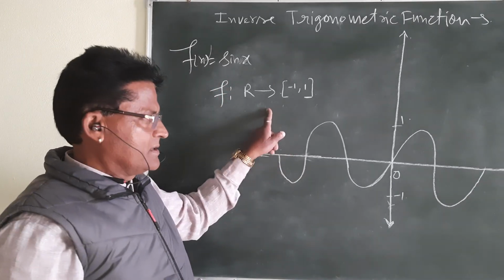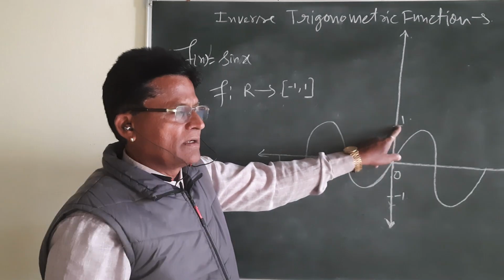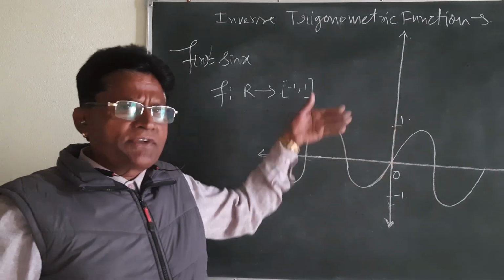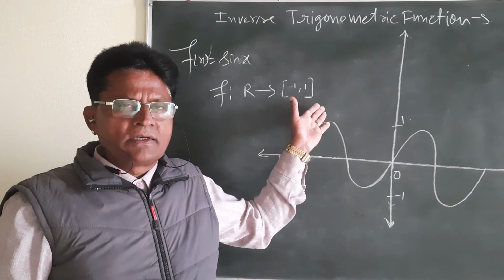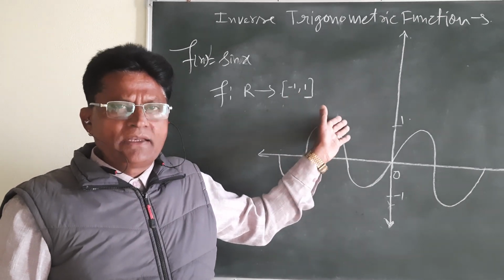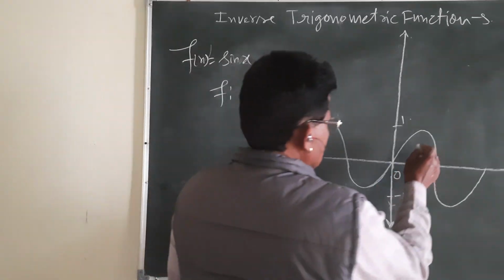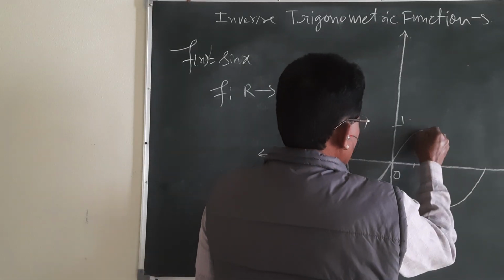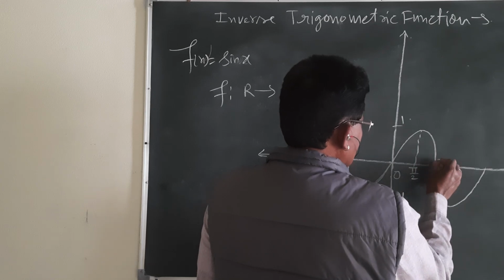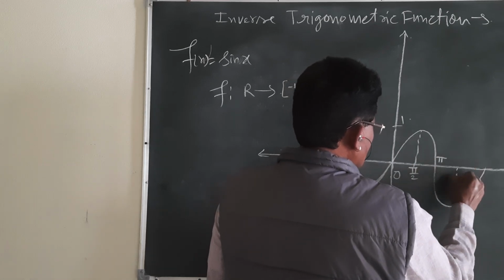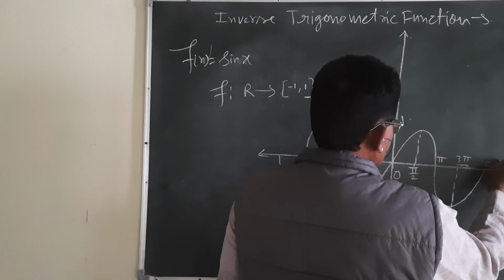Try to understand. I have taken the range from -1 to 1. That is why several times in several questions I explain regarding the domain, codomain as well as range. The same thing I am going to take over here. That is pi by 2, up to here. Try to understand it because it is very important, and frequently you will have to do 3 pi by 2 and 2 pi.